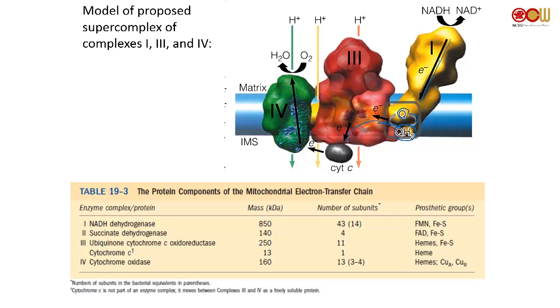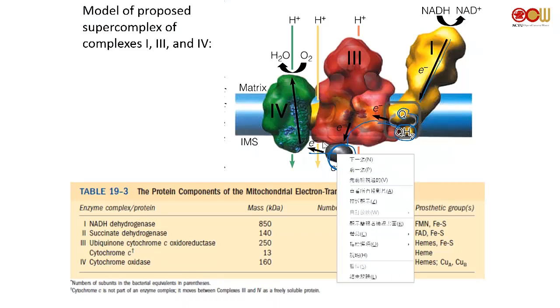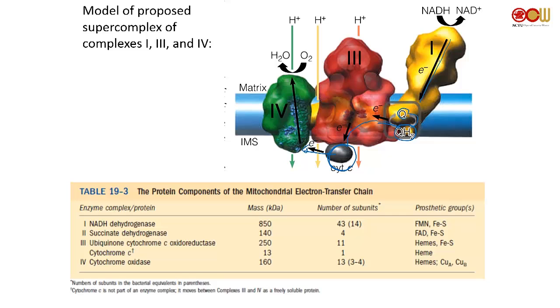Complex 3 passes the electron onto cytochrome C. Cytochrome C moves slightly and goes to complex 4, which passes the electrons to oxygen, generates water, and regenerates the oxidized cytochrome C, and then continues the entire process.